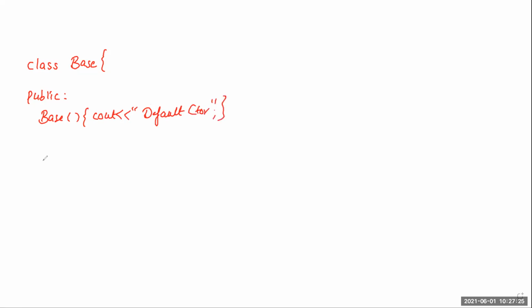That's it. Similarly, within the same class, I can make a parameterized constructor. We pass it an integer, and we can simply print the value of this integer. Whatever is passed, we just print it, and that's it.